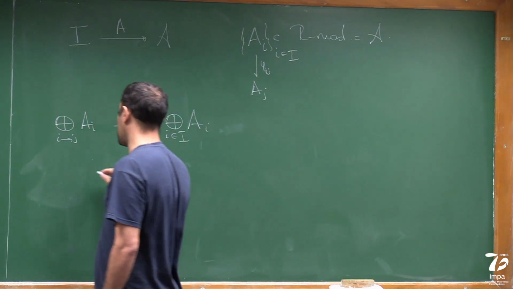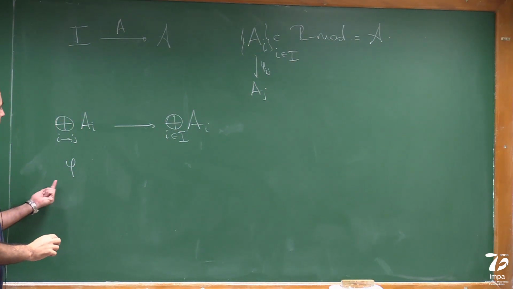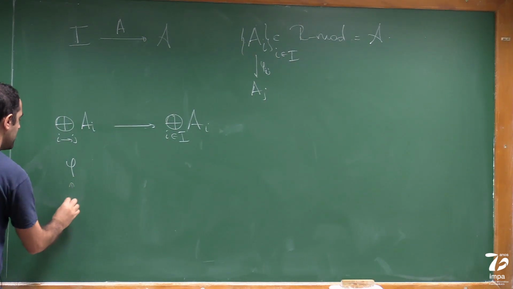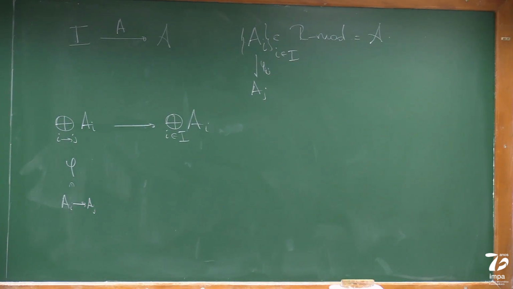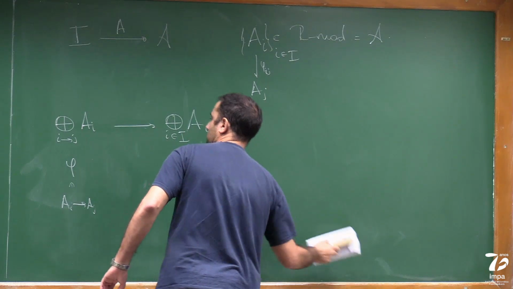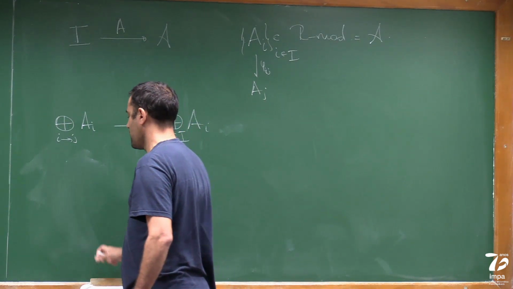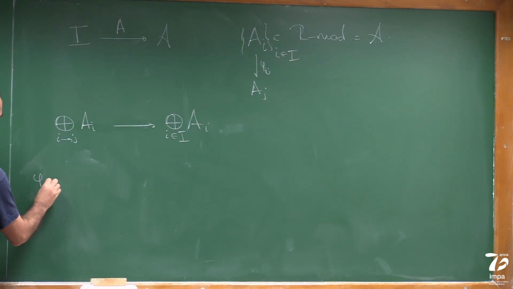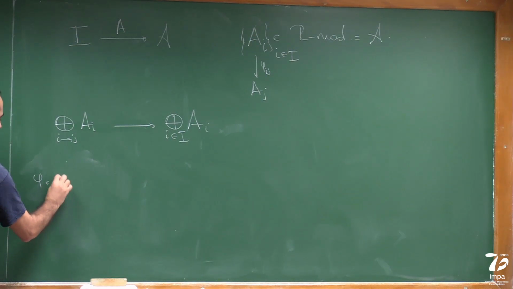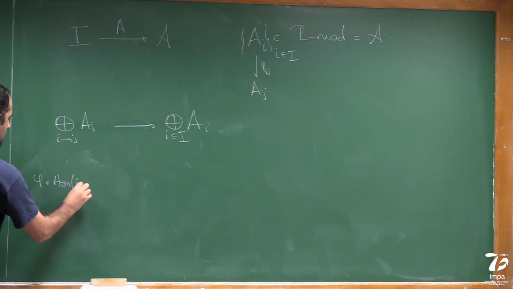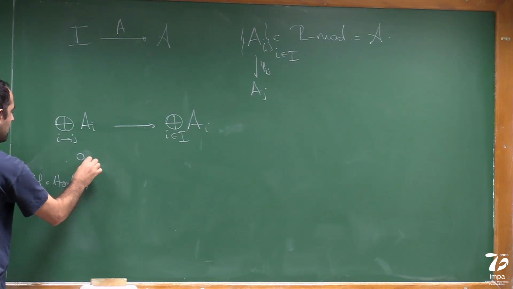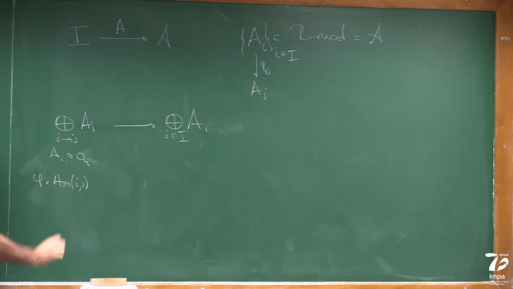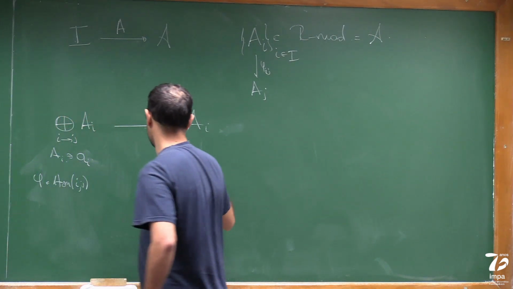But the map here is that if you give me an arrow phi from i to j, and you give me an element a_i in A_i, then there are two things that I can take.